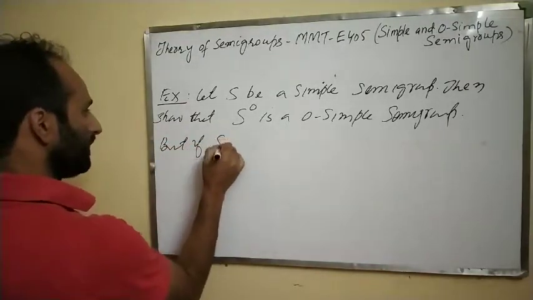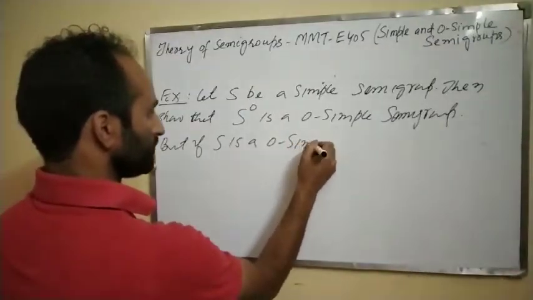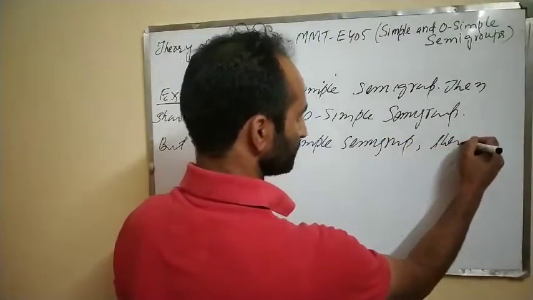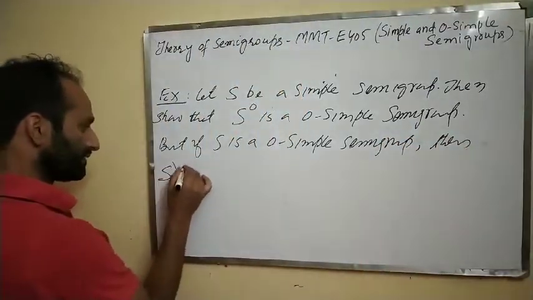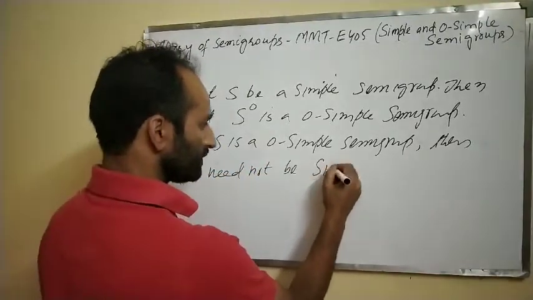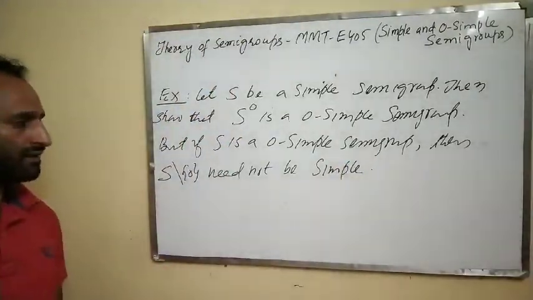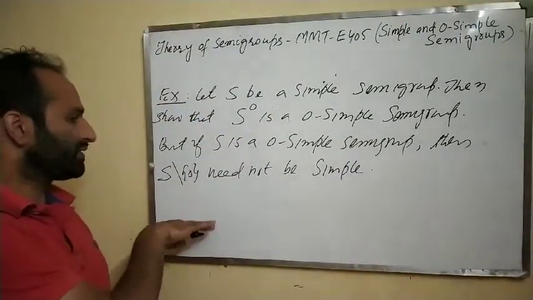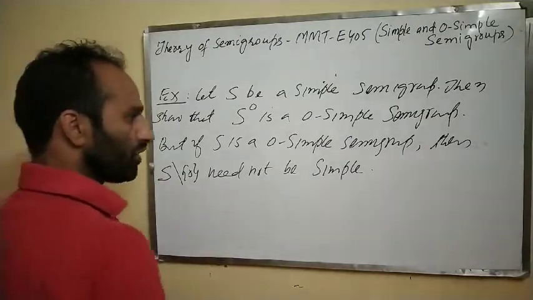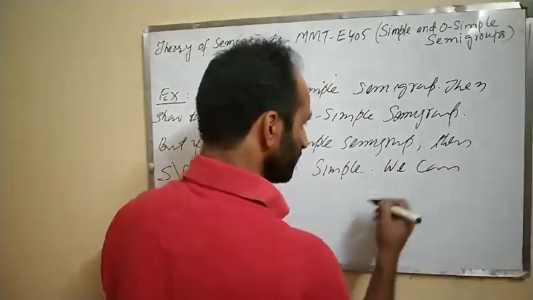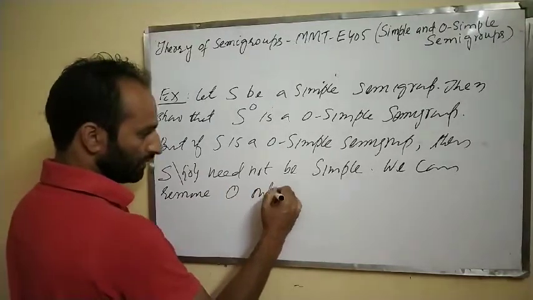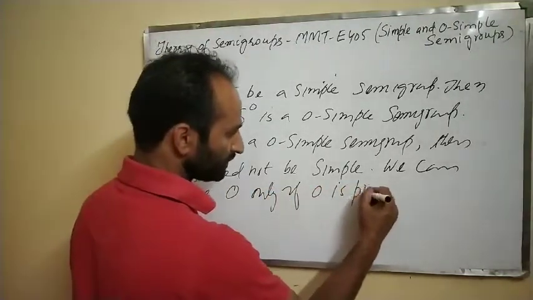If S is a zero simple semigroup, then S minus 0 need not be simple, because by removal of 0, say S minus 0, it may not remain a semigroup in general. So we can remove 0 only if 0 is prime.